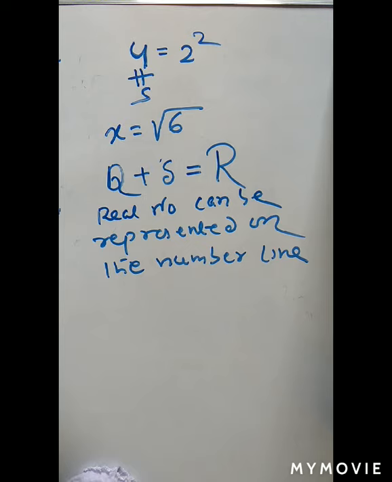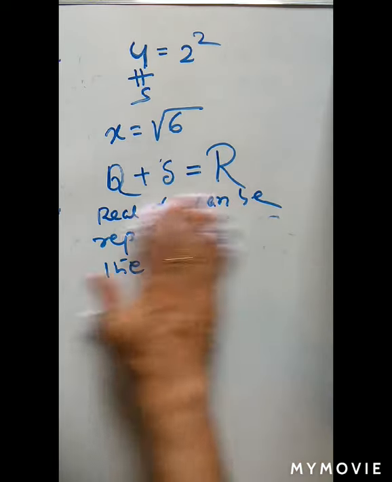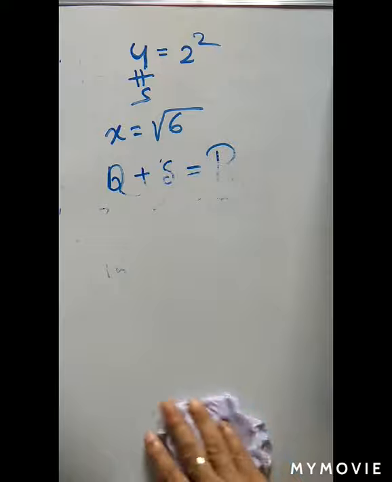Now the question comes, how will you find the irrational number between two given numbers? How will you find the irrational number between any two given numbers? So method 1.